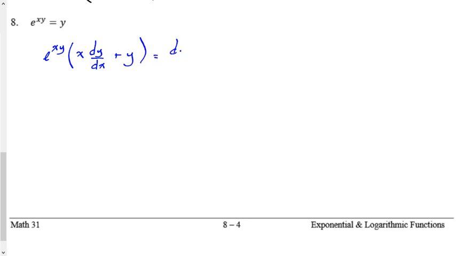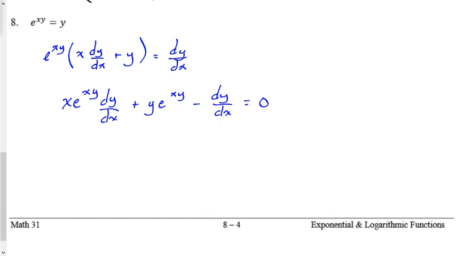And then we want to go through and isolate the dy dx. So I begin by distributing that e to the xy into that bracket, and then I subtracted the dy dx over to the left side of the equation. And then I'll have the two terms, xe to the xy with the dy dx minus 1 with this dy dx. So right away I'm going to pull out that common factor of dy dx.